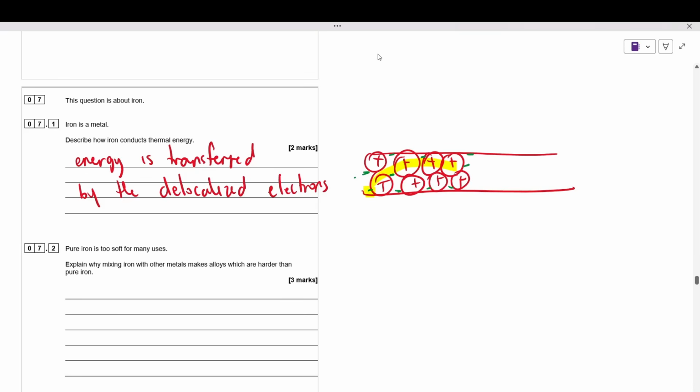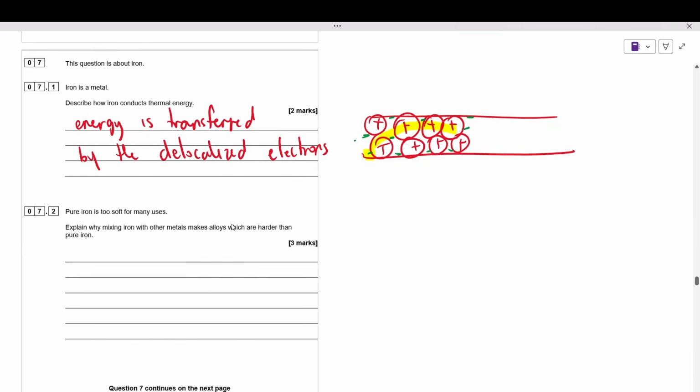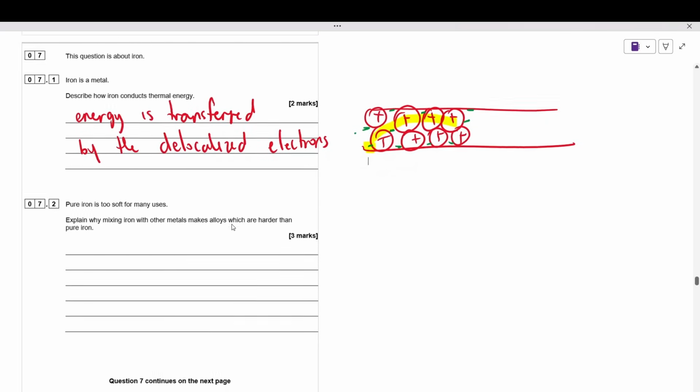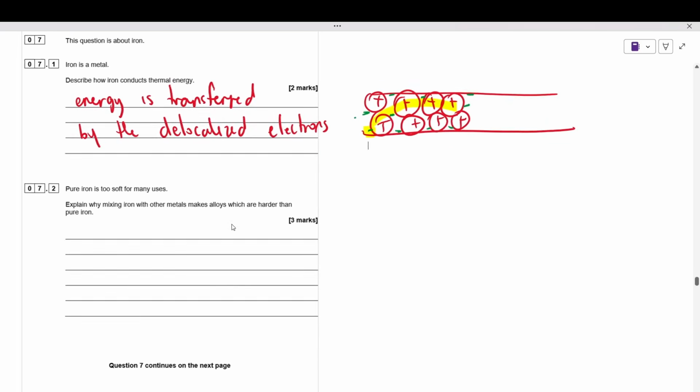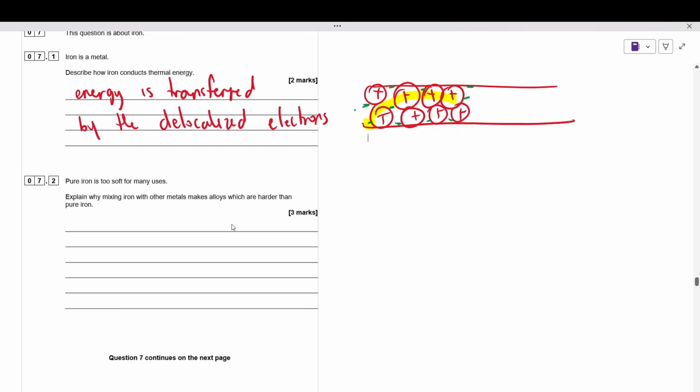Okay, so for 7.2, pure iron is too soft for many uses. It's going to explain why mixing iron with other metals makes the alloy harder than pure metal. Okay, and this takes us back to these simple diagrams again, right? I know this is so key stage 3 in terms of these diagrams, but they're so helpful.